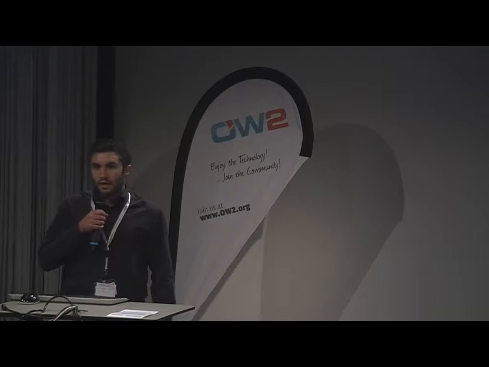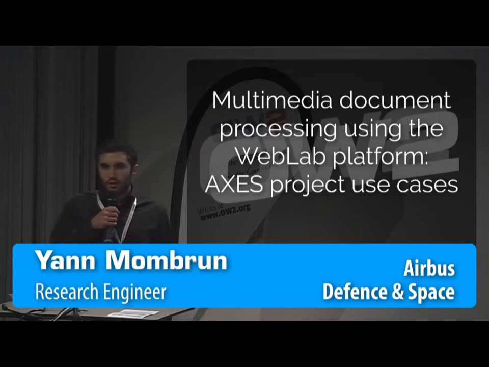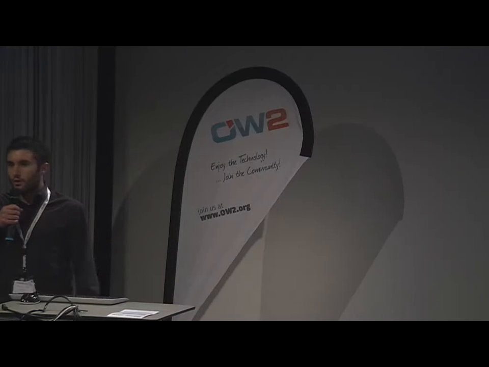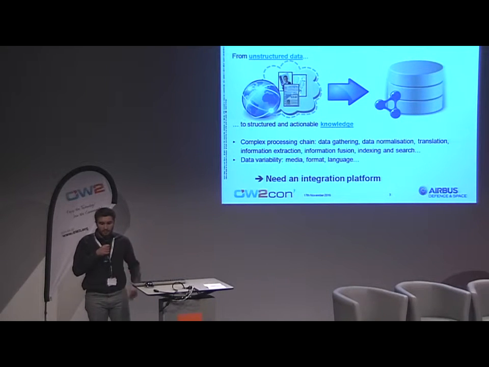So starting from data gathering, so accessing the data on the internet, on networks, on local networks, social networks. The normalization, so extracting text from documents, converting the videos and the audio into codecs that are handled by the next services.